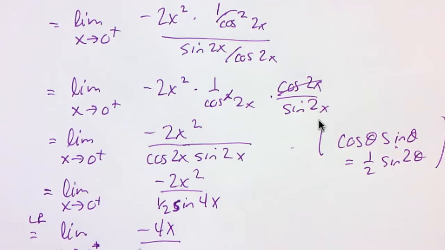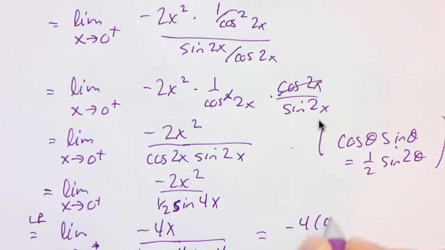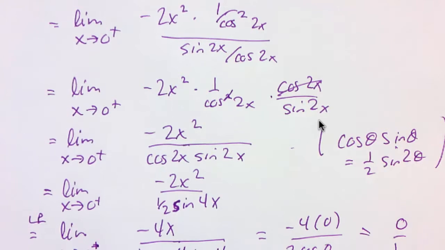Derivative of the bottom is 1/2 times the cosine of 4x times derivative of the inside, which is 4. I don't really care anymore because I can direct substitute in here. Get minus 4 times 0 over 1/2 times 4 is 2 times the cosine of 0, which is 1. So we have 0 over 1, or minus 4 times 0 over 2, but that's still just 0.